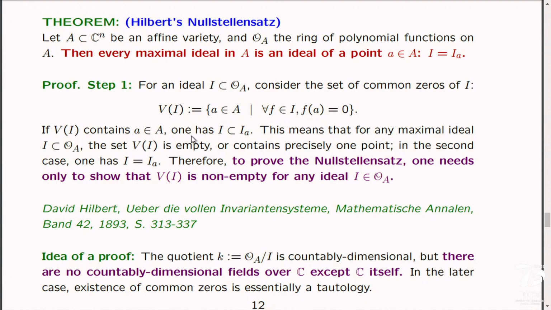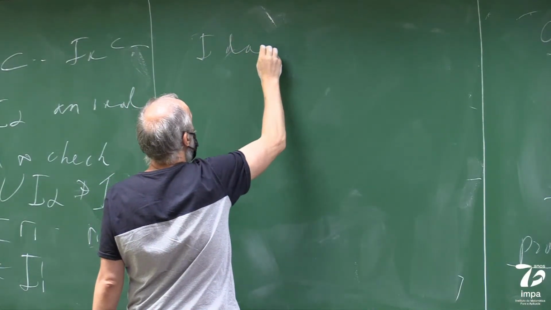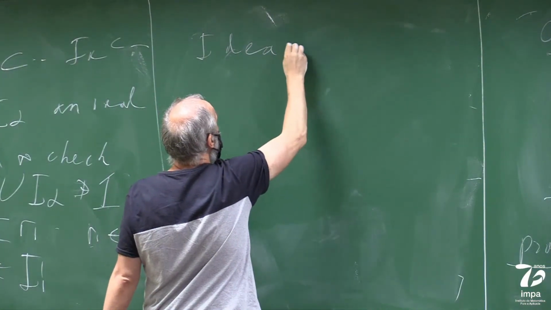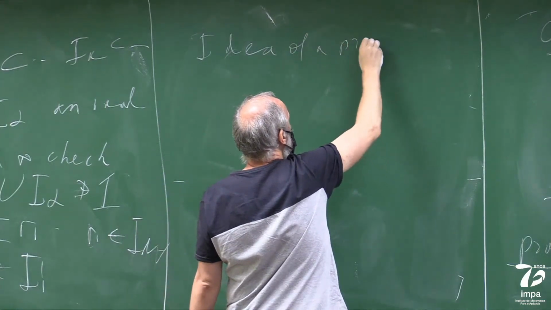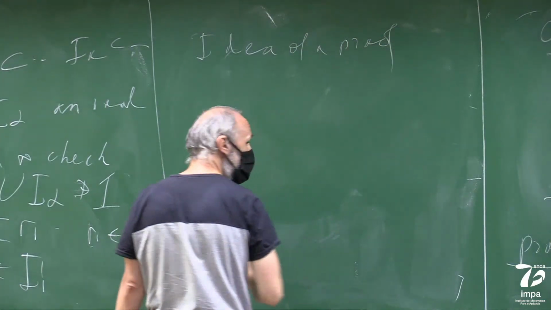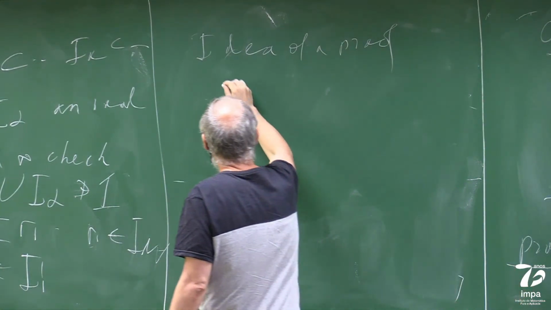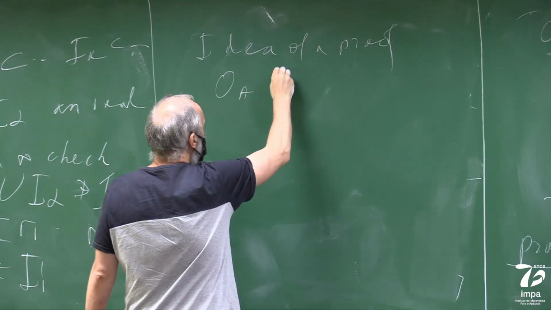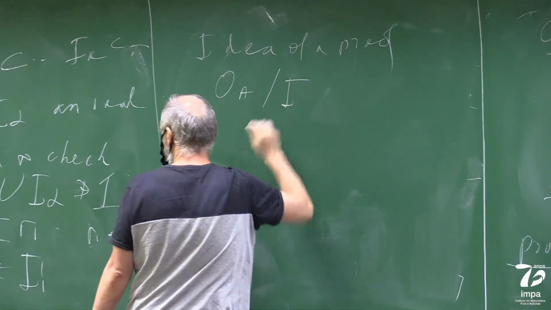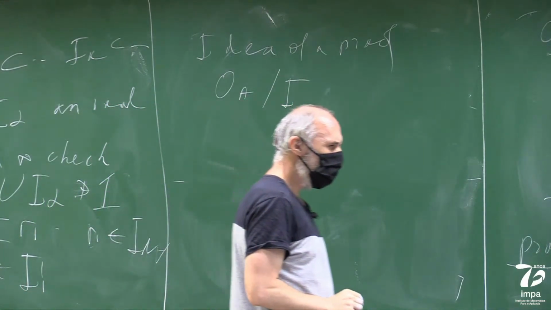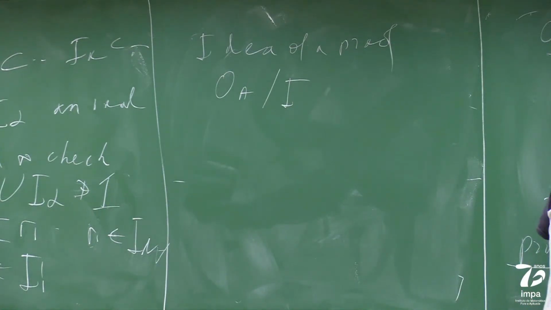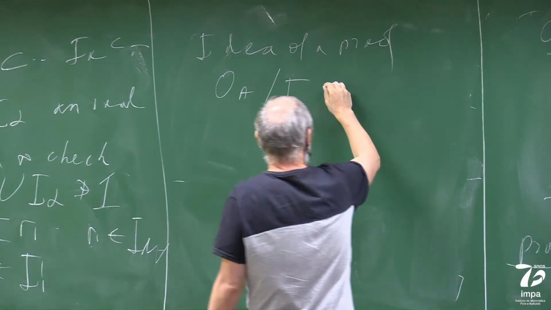Okay, so the idea of a proof. The idea is the following. You consider the quotient by this maximal ideal. It's a ring. Well, it's actually a field.